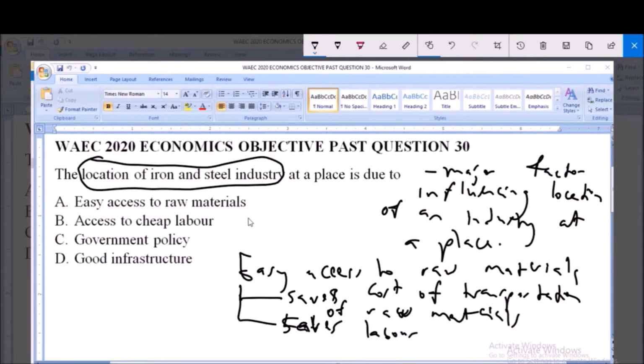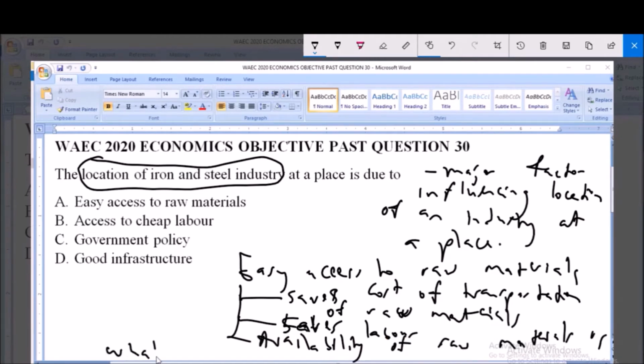So easy access to raw materials is very important, as the availability of raw materials is what makes the industry function.